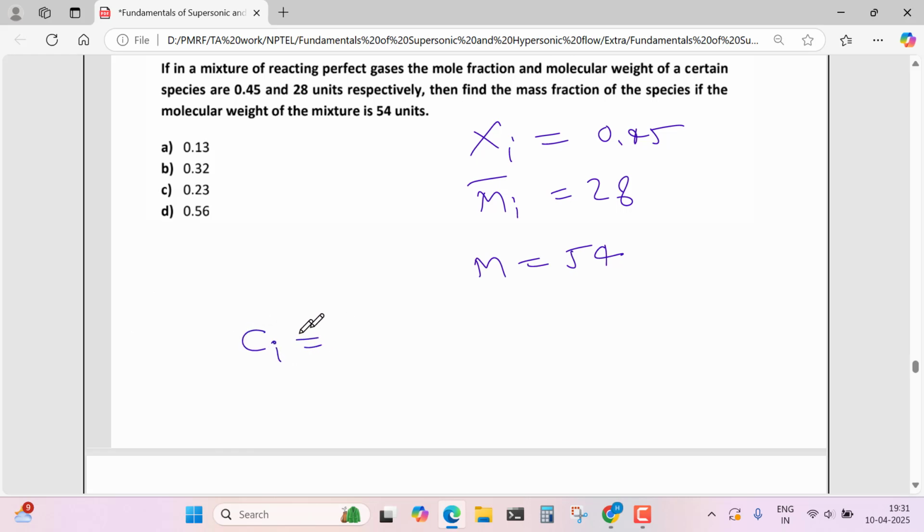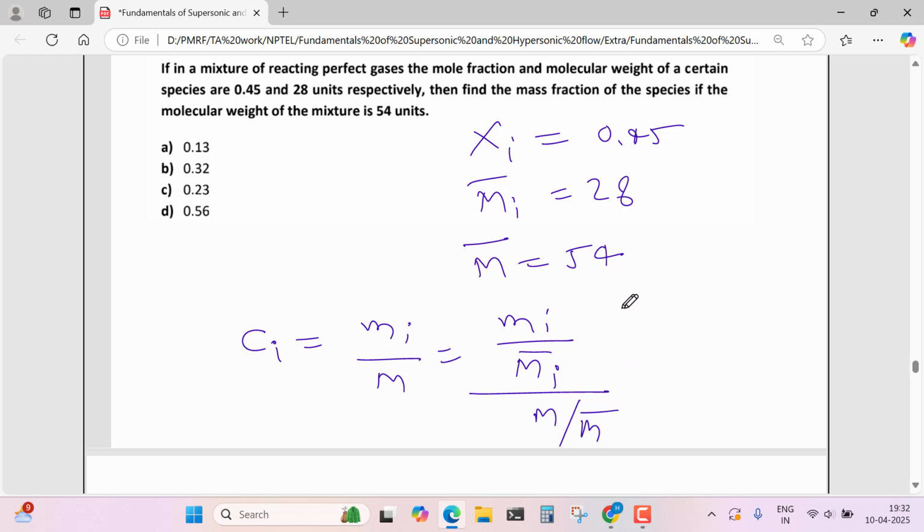The mass fraction of the species is the mass of the species upon the total mass. So let's say we divide it by molecular weight. Then it will become like this.